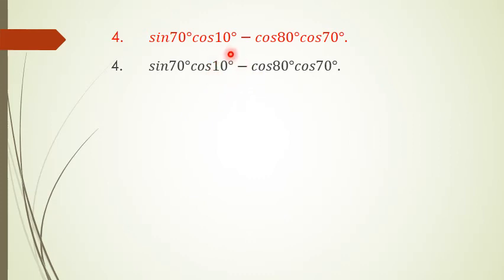We observe that 10 and 80 add up to 90. They are co-angles. And remember, for co-angles, the sine of one is equal to the cosine of the other one. So cos 10 can be replaced with sine 80. Or you can replace cos 80 with sine 10. I choose to replace this one to make the numbers smaller.